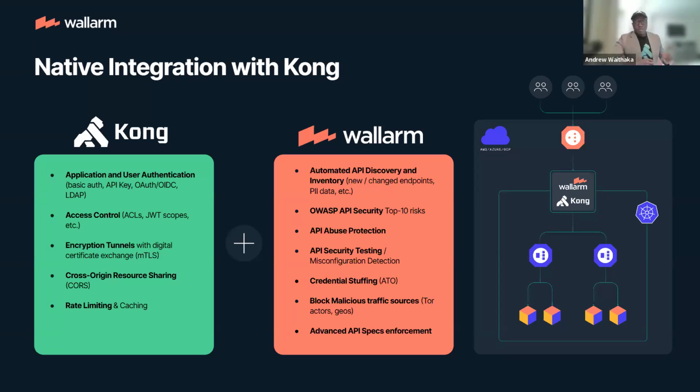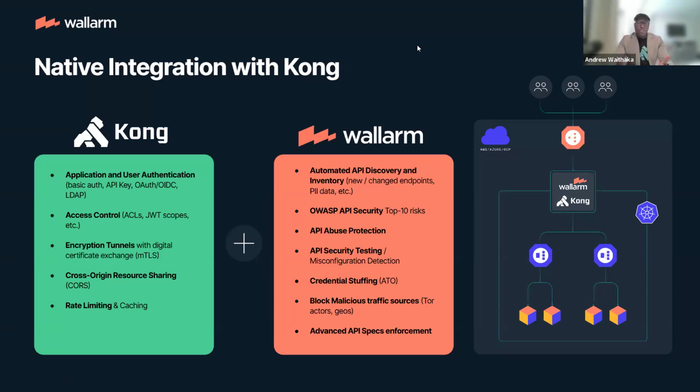Yeah, and if I could just add a little bit on that as well. I talked a little bit before about Kong's pluggable architecture. WallArm is a best of breed security partner of ours, and their integration is able to work with Kong through the pluggable architecture. So as a plugin, WallArm is able to integrate into Kong. In addition to the capabilities that the gateway is providing around application and user authentication, etc., we can now add the API protection capabilities that WallArm brings to the table.